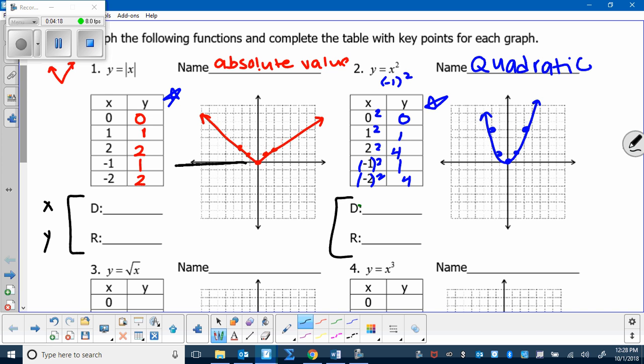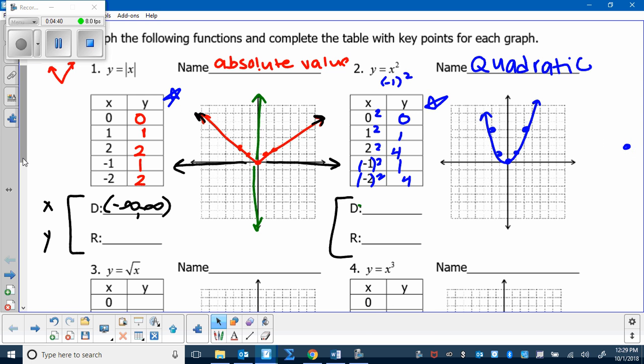So if you look left and look right on this graph, it is going forever. So your domain is negative infinity to positive infinity with parentheses. Remember, you can never have brackets on infinity. And then your range, you want to look at your y values. So this one you're looking down and you're looking up.